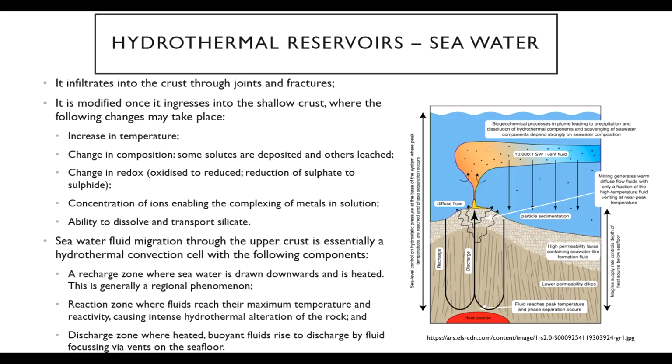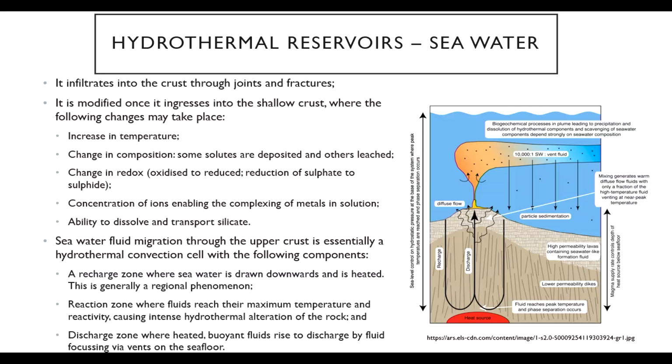I won't dwell on it too much, but it is modified as it flows through these fractured settings. It goes from oxidized to reduced. So we reduce sulfate to sulfides. So automatically we have different metal associations in the metal sulfides. It's better for carrying metals.